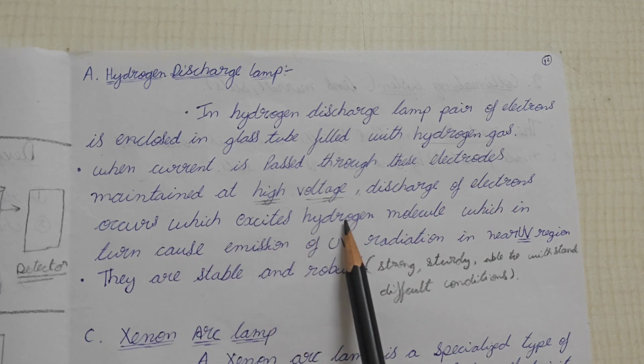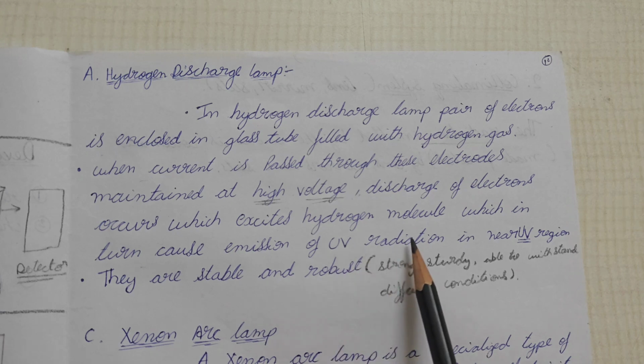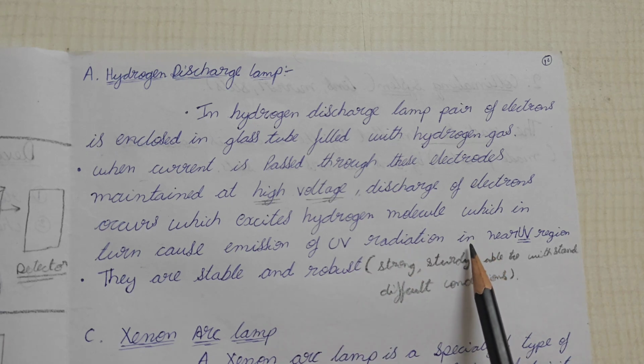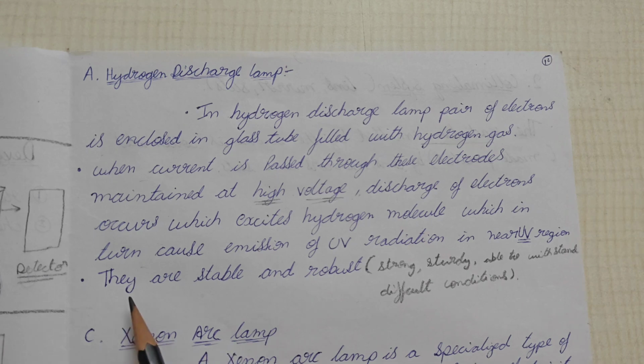This excites the hydrogen molecule, which in turn causes emission of UV radiation in the near UV region. They are stable and robust. Robust means strong, steady, able to withstand difficult conditions. This is about the hydrogen discharge lamp.